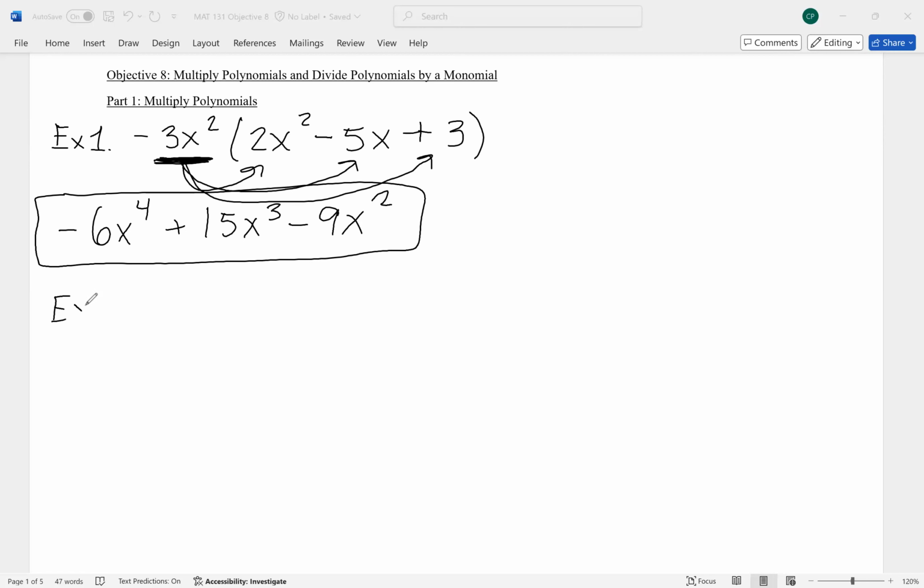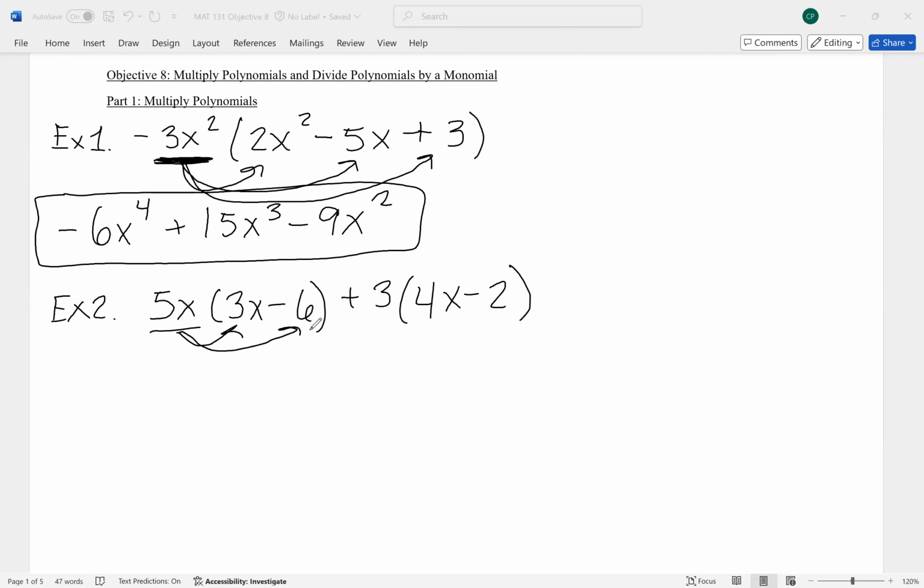Another way that you may see a problem like this, you may have 5x times 3x minus 6 plus 3 times 4x minus 2. In this situation, the 5x, we will need to multiply it by those two, and the 3, we will need to multiply it by those two, all right?